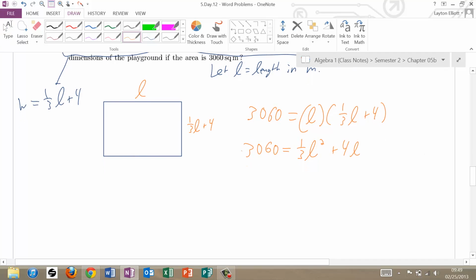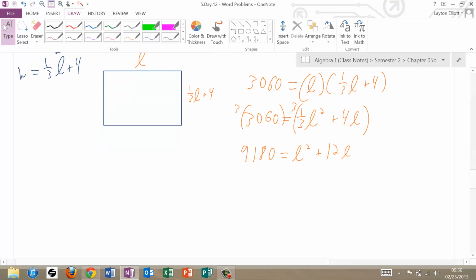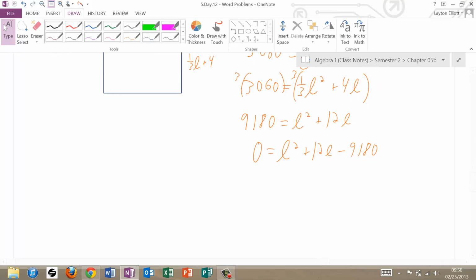And then if I multiply both the left side and the right side by 3, I get rid of the fractions. 9180 equals L squared plus 12L. So then I have 0 is equal to L squared plus 12L minus 9180.